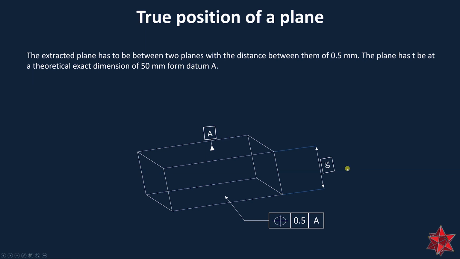So in order for the plane to be at a theoretical exact dimension from datum A, it has to be parallel to it, and all of its extracted points have to be at a theoretical exact dimension of 50 millimeters from datum A.